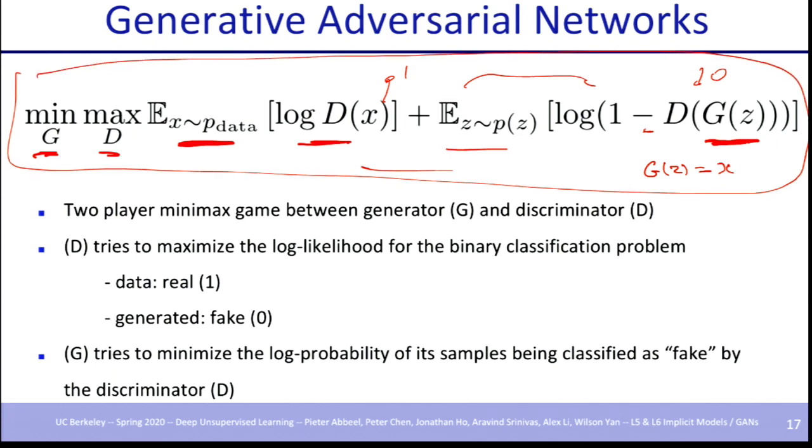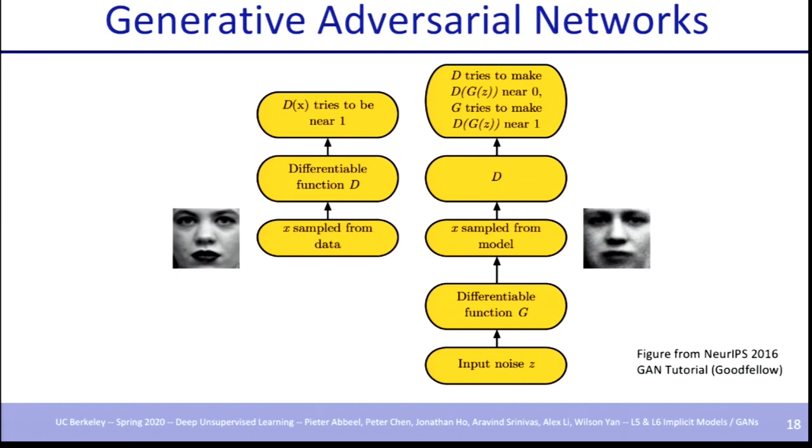So it's really nice. You actually now don't need an explicit probabilistic evaluation model for your P model. You can just try to solve this game, and the game is defined as: try to generate things that are as realistic as possible. What might it look like? So you have, in some sense, two pipelines.